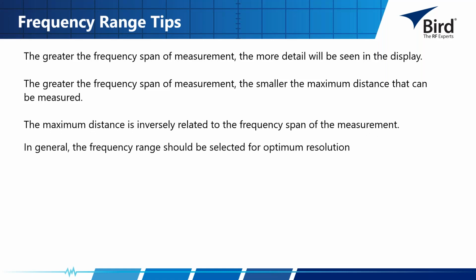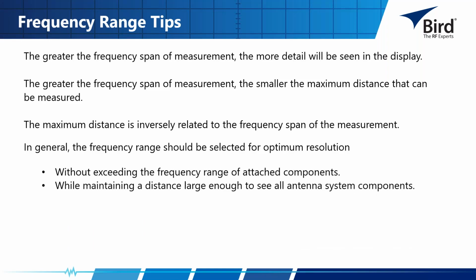In general, the frequency range should be selected for optimum resolution without exceeding the frequency range of attached components, while maintaining a distance large enough to see all antenna system components. And also add about 10 to 20% to the known cable length to your total distance.